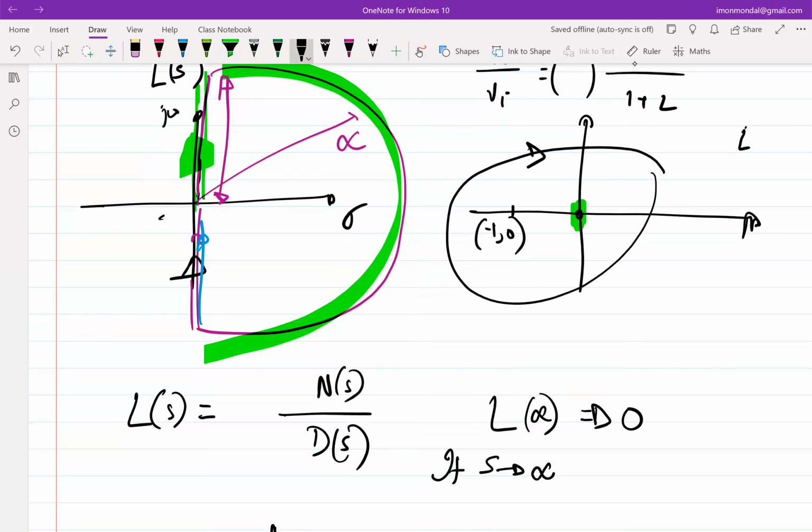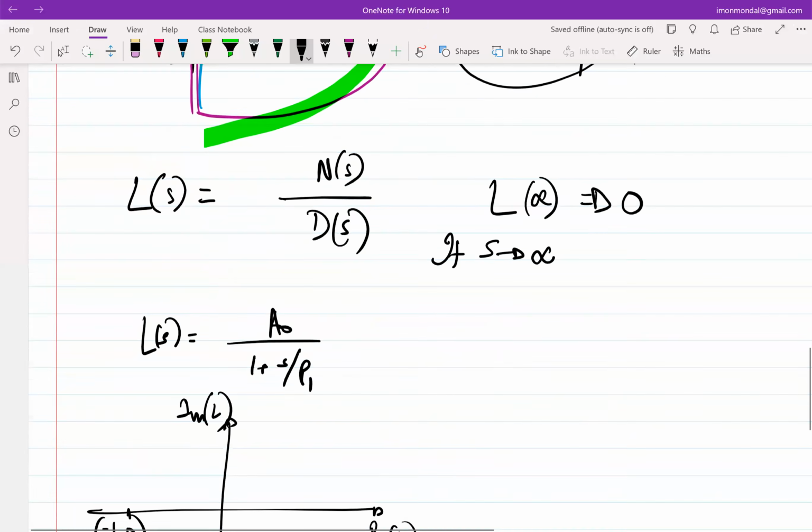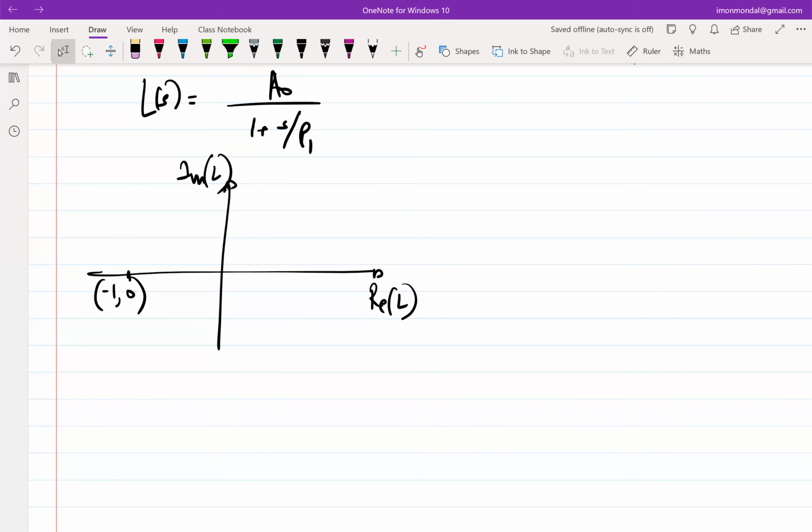We are starting from 0, right? So when S is equal to 0 or omega equal to 0, where should I mark off the point? A0, which means where in this plot? On the x-axis, somewhere far in the right? So this will be somewhere A0.